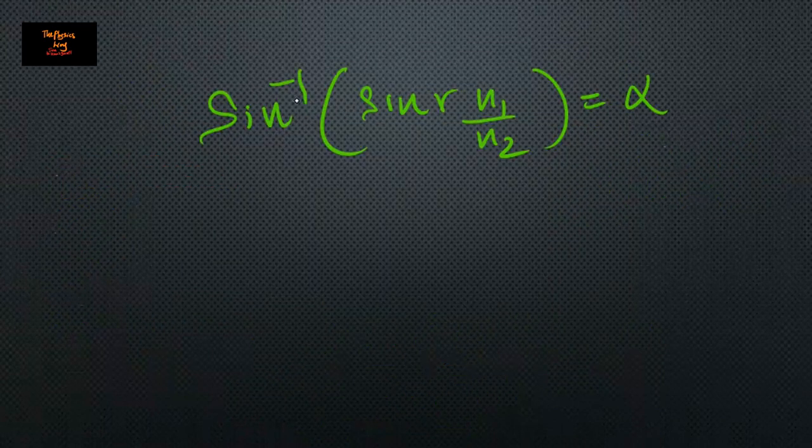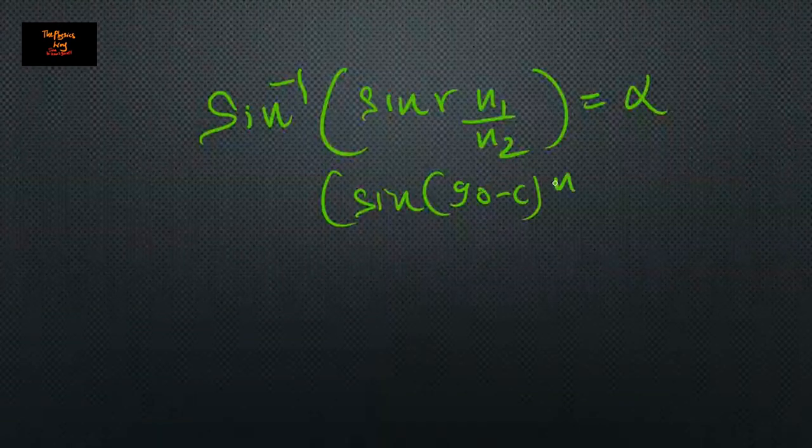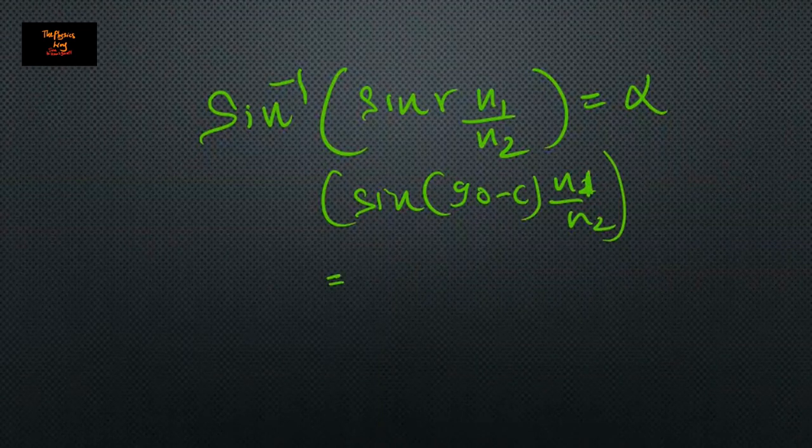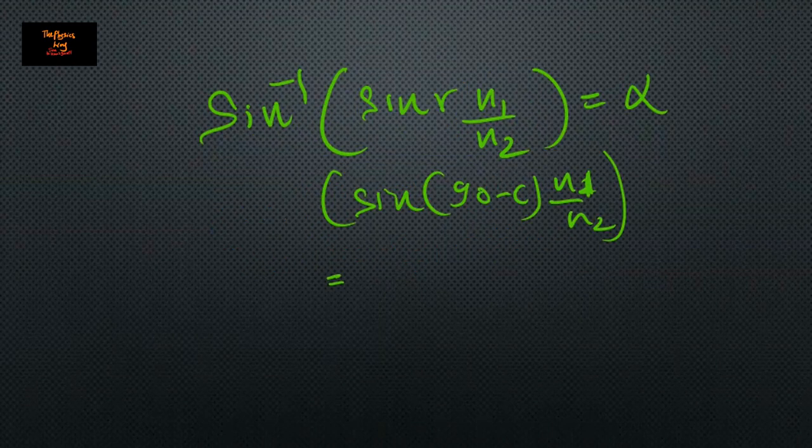Knowing that, let's simplify it further. Sine inverse of sine R into N1 over N2 equals alpha. Hope you remember, R is 90 minus C. Here is an equation you should know: sine of 90 minus theta equals cos theta, and cos of 90 minus theta equals sine theta.